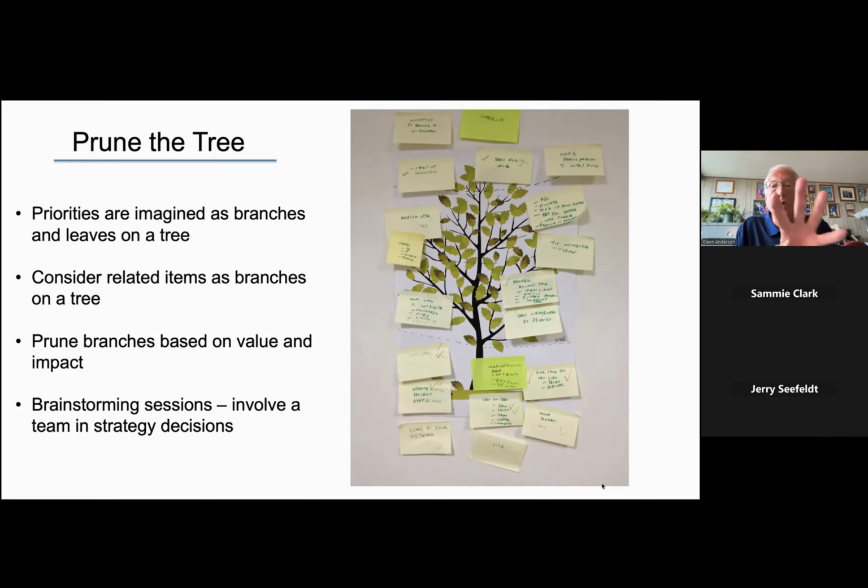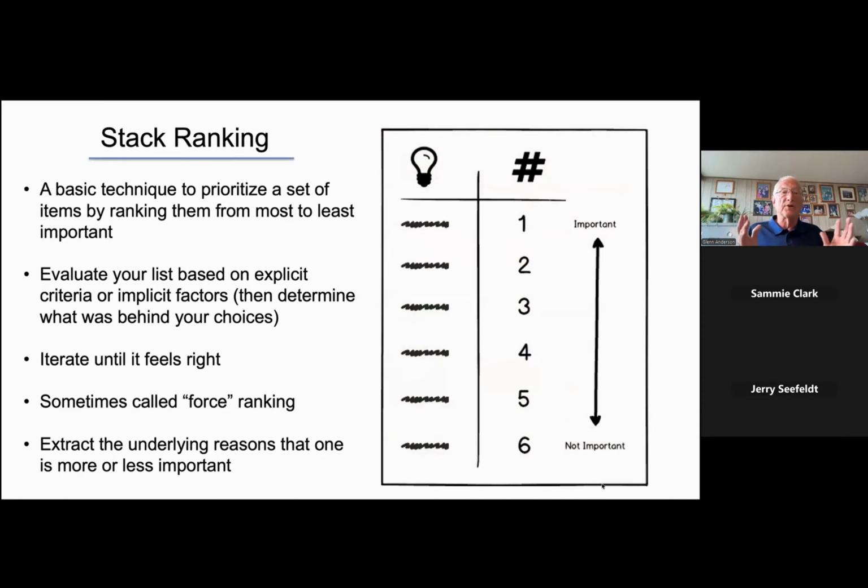And then once you've pruned the tree and you've got the list of items down to something more reasonable, then you can use one of these sorting techniques to actually sort and prioritize the items. One of the simplest sorting techniques is called stack ranking. And this is a basic technique. You're simply listing everything in your to-do list, your task list, from important all the way down to not important. You keep iterating, you move things around, as it says, until it feels right.